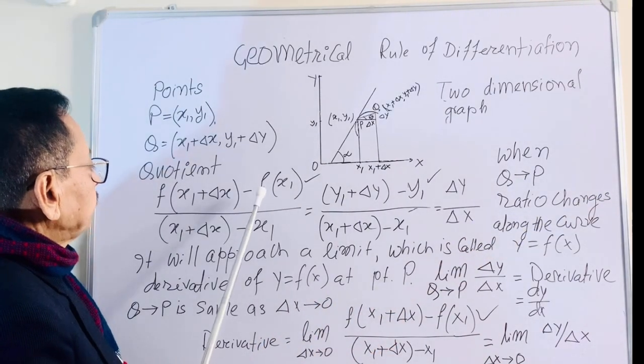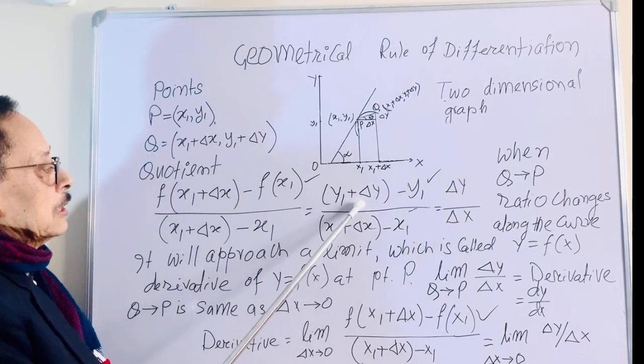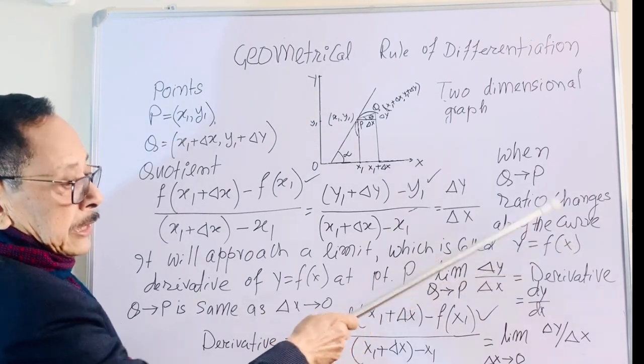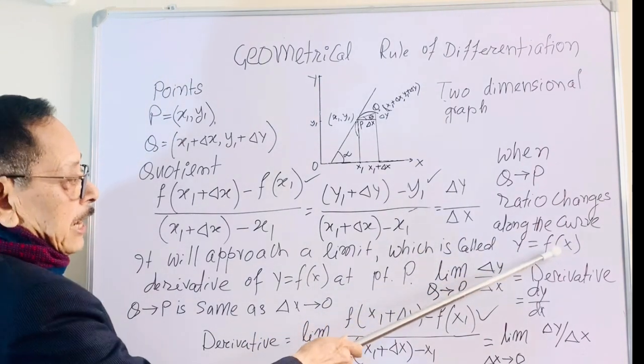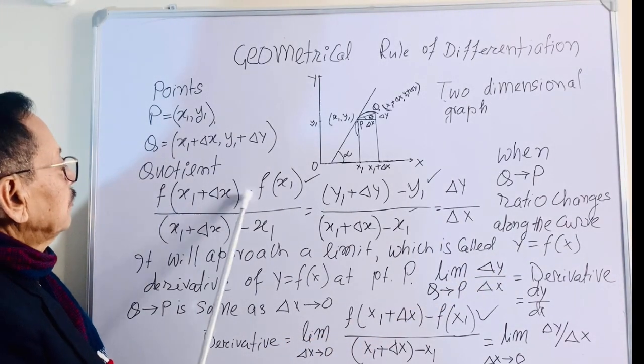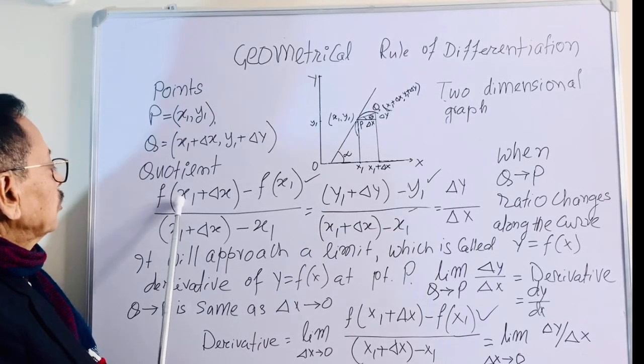Now, this is equal to y1 plus delta y, because y is a function of x. So for f(x) we can write y. When we remove these brackets, we get f(x1) plus f(delta x), then f(x1).